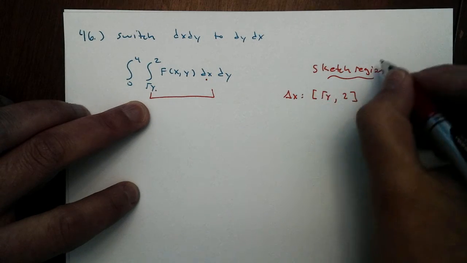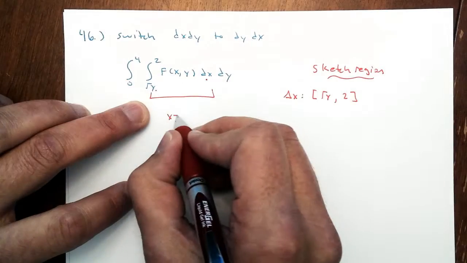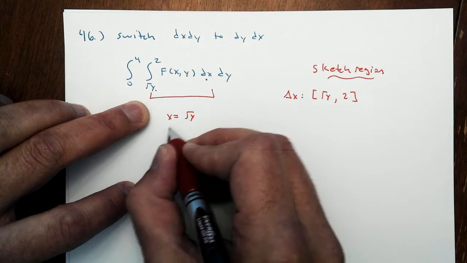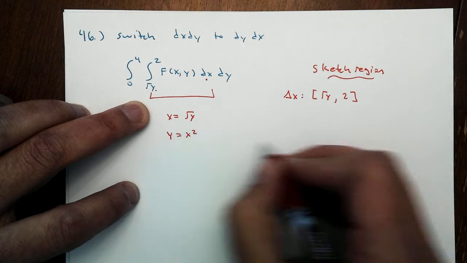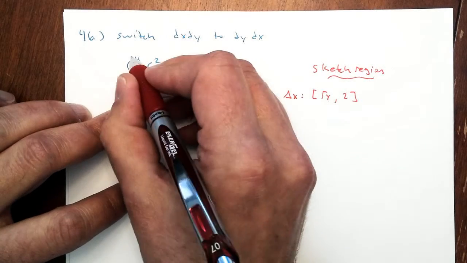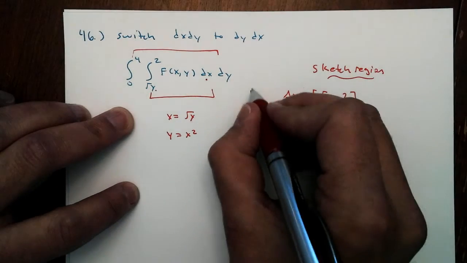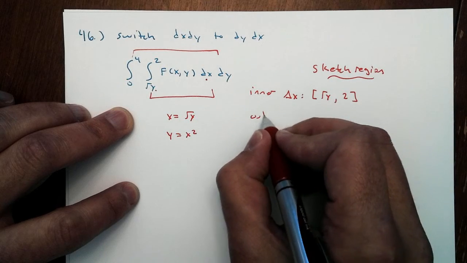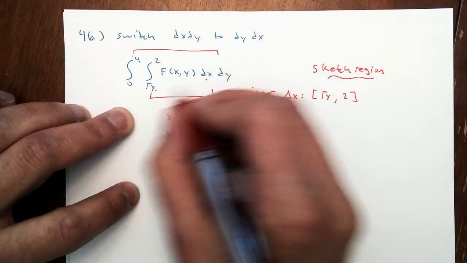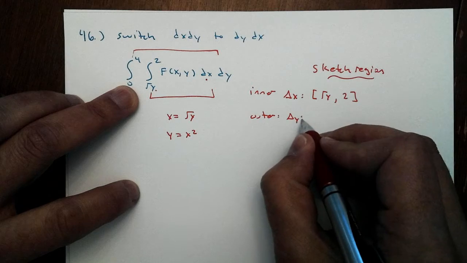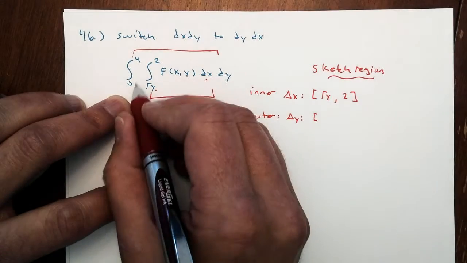Recall, this is saying x equals square root of y, which is basically saying y equals x squared. And then my y values for my outer domain, remember this is going to be our inner domain, and then for our outer limit here, the y's go from 0 to 4.